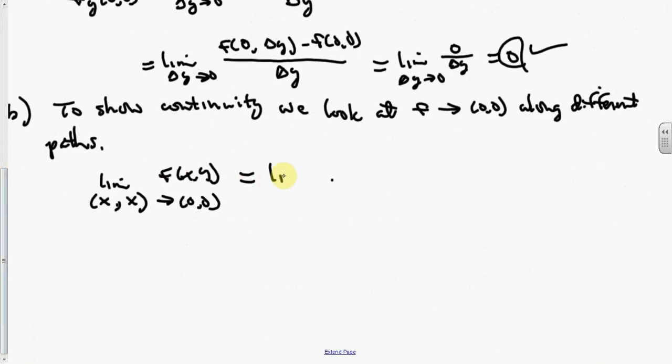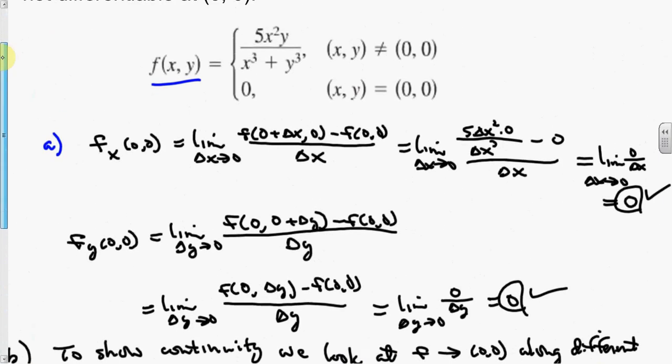Now this is the limit along the line y equal to x. That's what I'm tracing this along, a different path. So this is the limit as x comma x goes to the origin. Basically what I'm saying is x equals y.